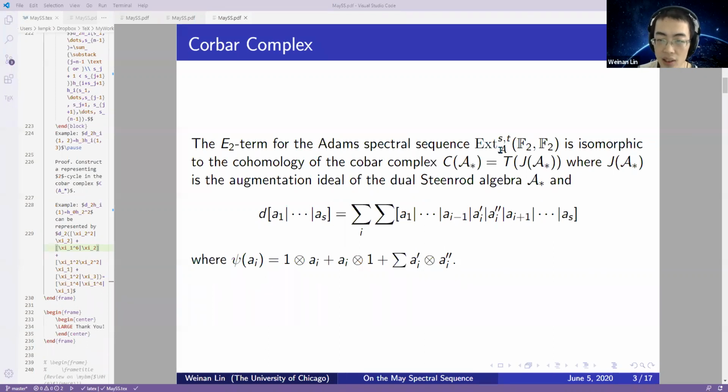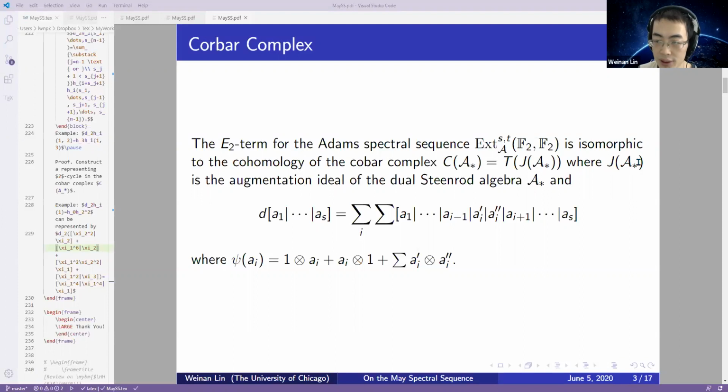But since A is a Hopf algebra, you can dualize the bar complex before you take the homology. So if you dualize the bar complex, you get the cobar complex written using the elements of the dual Steenrod algebra. Okay, the cobar complex is basically the tensor algebra of the augmentation ideal of the dual Steenrod algebra.